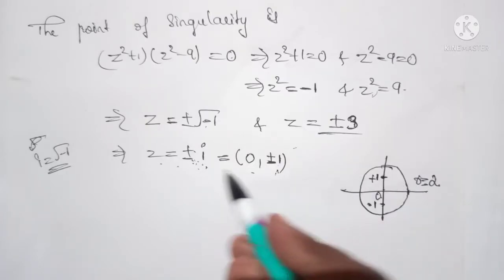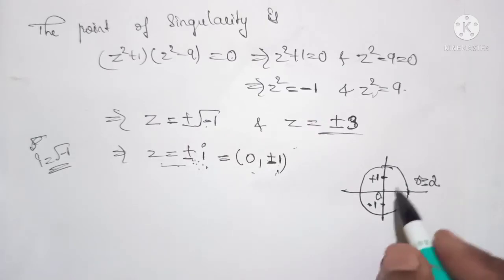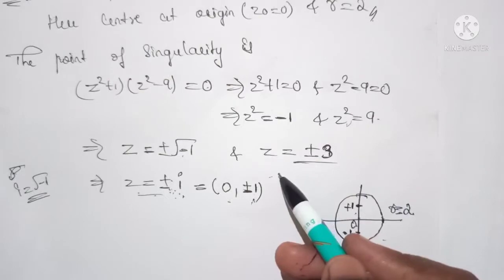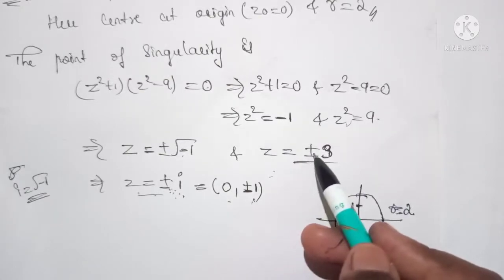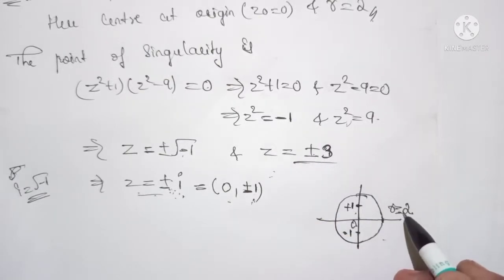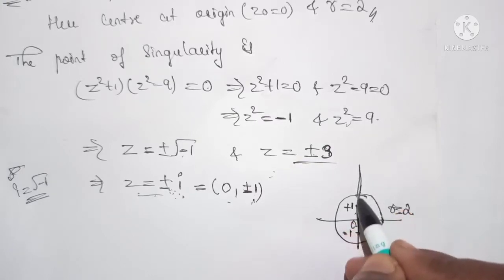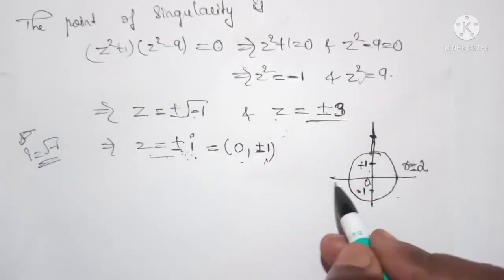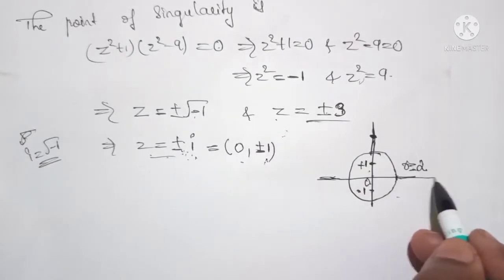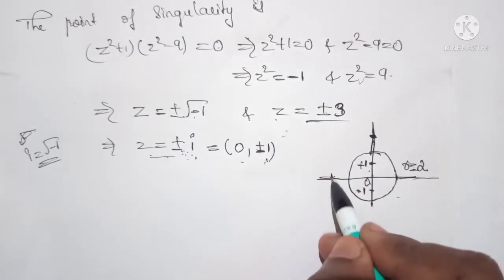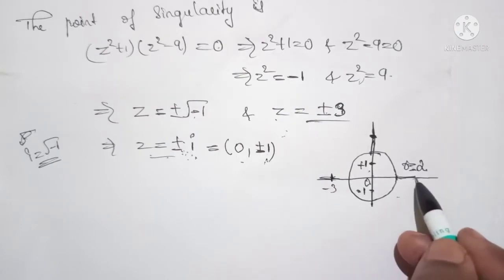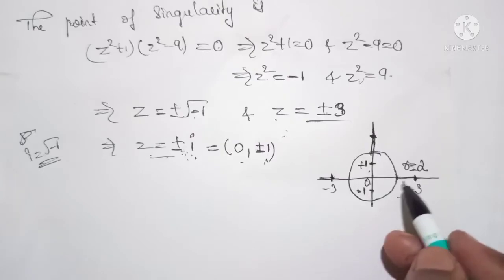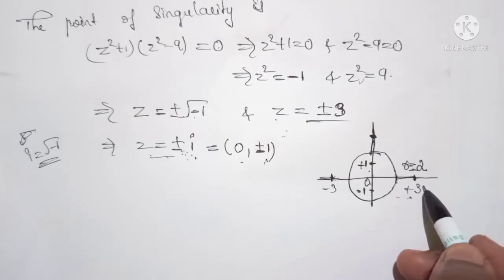So you can observe that z equals plus or minus i lies inside the circle, but z equals plus or minus 3 is greater than 2, so it lies somewhere here. Okay, z equals plus 3 lies on the real line, z equals minus 3 is somewhere here, z equals plus 3 somewhere here. So therefore it lies outside the given circle.